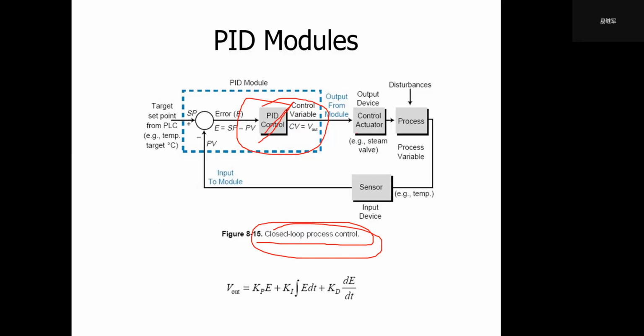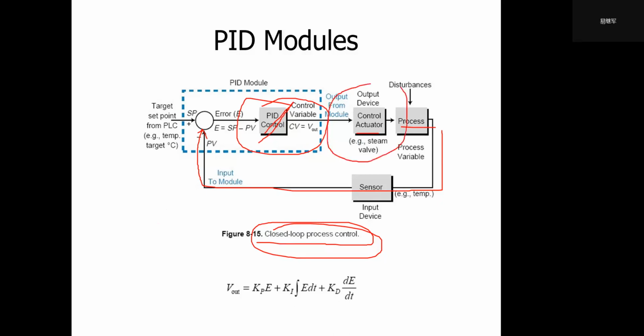In the closed loop, the control activates the process and the process variable is fed back to the compare junction. The compare junction compares it with the set point and outputs the error to the target.